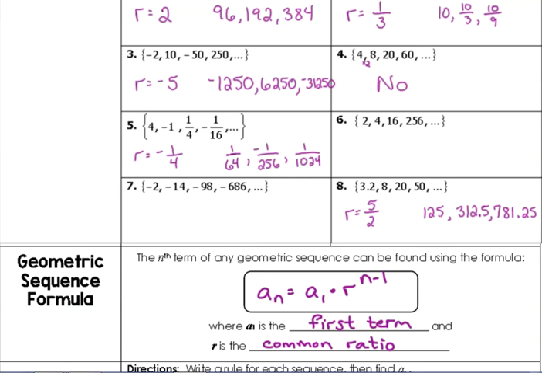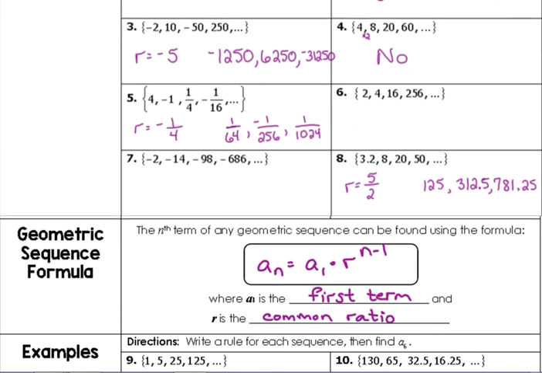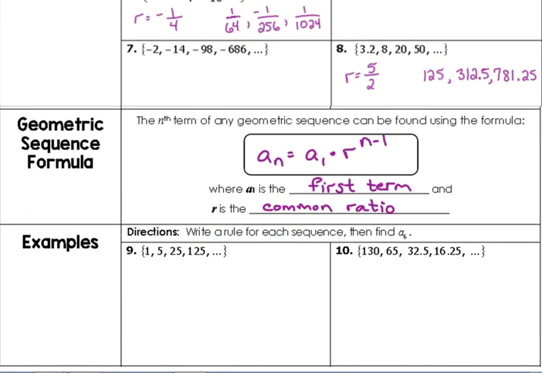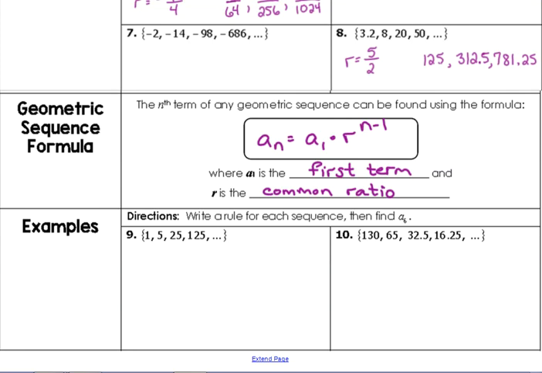All right, so just like with arithmetic sequences, we have a nice neat formula to figure things out. The same thing is true about geometric sequences. We can find the nth term of any geometric sequence using this formula. It starts out similar to the arithmetic. It's your first term, but we're not adding because we're multiplying.